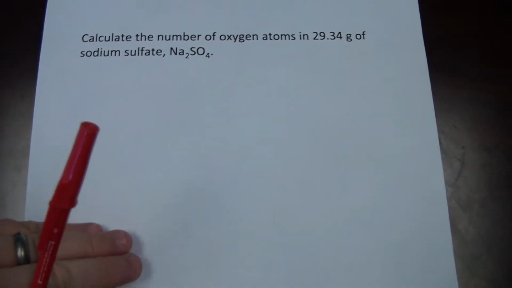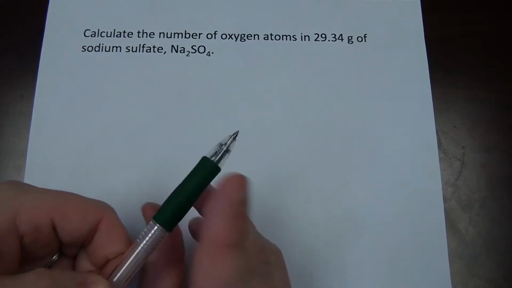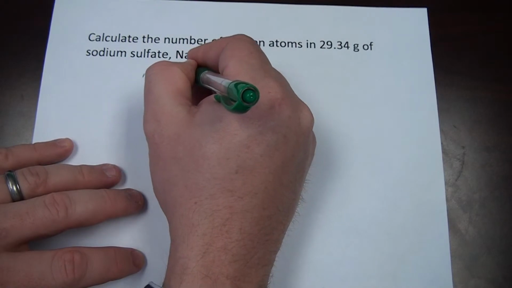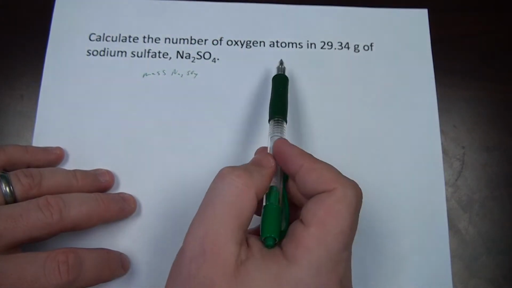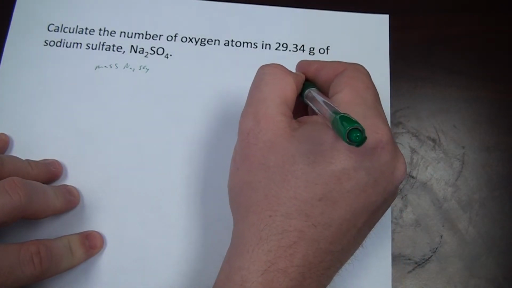Let's take this one step further. Let's calculate the number of oxygen atoms in 29.34 grams of sodium sulfate. So if we look at our plan, we're going to go from mass of sodium sulfate, and we want to end up with atoms of oxygen.